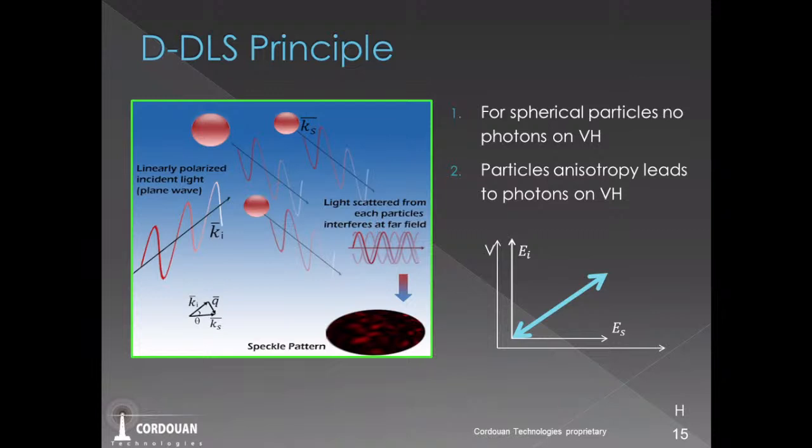When you do traditional DLS, it's a VV DLS in fact. But you can see that if your particles are really spherical, if there is no constraint, the electrons are going to move in this direction. So in that case, you will have only vertical information here. The scattered light will be in the vertical polarization, and you will have nothing on the horizontal mode, nothing.